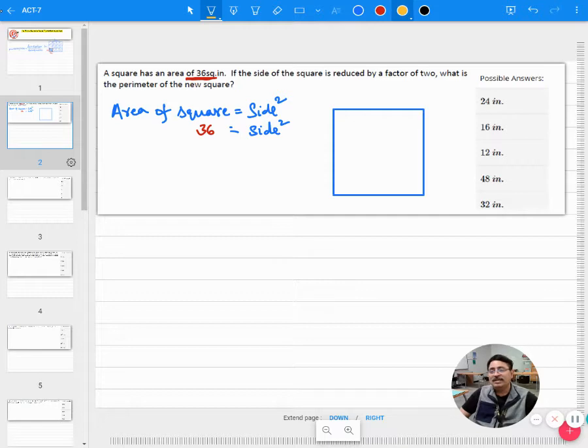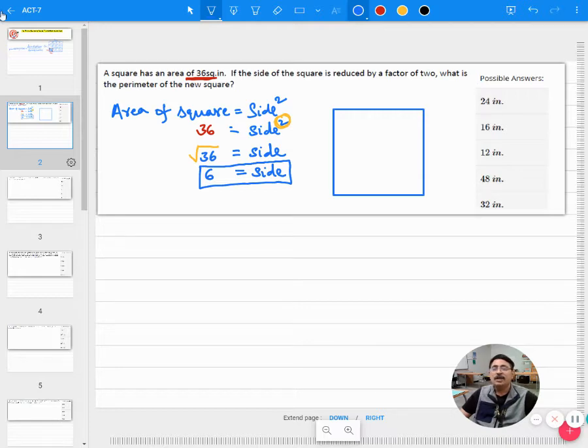In my previous sessions I already mentioned that in order to eliminate the square, you have to take the square root on the other side. Therefore, square root of 36 gives you the side. So what is the square root of 36? You know that 6 times 6 gives you 36. Therefore, side equals 6. Why are we computing this?